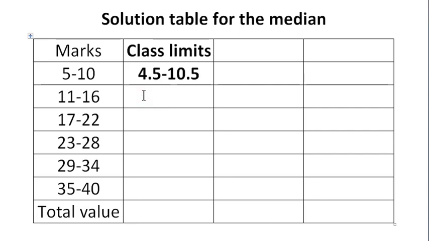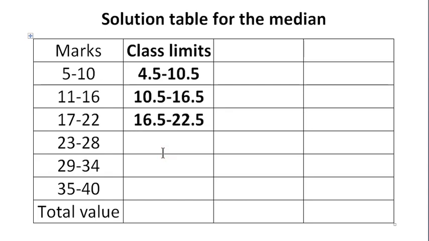We do the same thing in the second class. Remove 0.5 from 11, we get 10.5, then add 0.5 to 16, we'll get 16.5. The same thing will happen here. We're going to remove 0.5 from 17 and we'll get 16.5, then add 0.5 to 22, we're having 22.5.